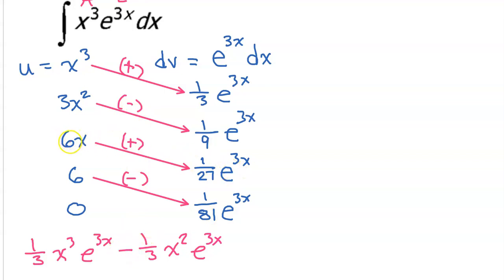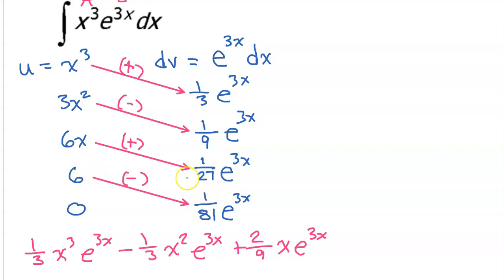On the next one, we have 6 times 1/27. That's 6/27, which reduces down to 2/9. And then we have x times e to the 3x. This one, we keep the sign the same.